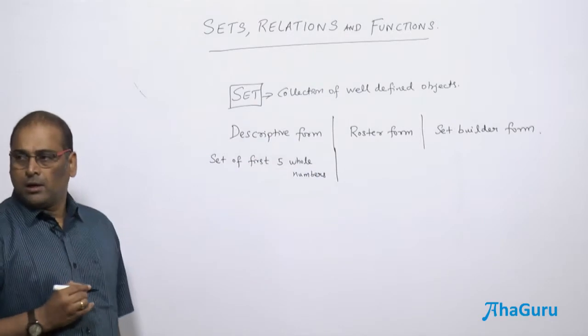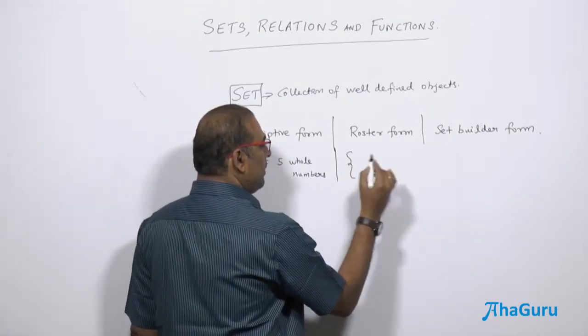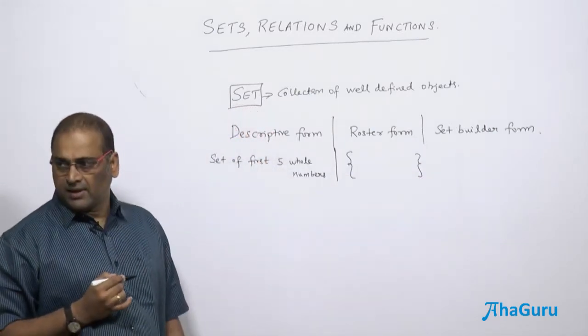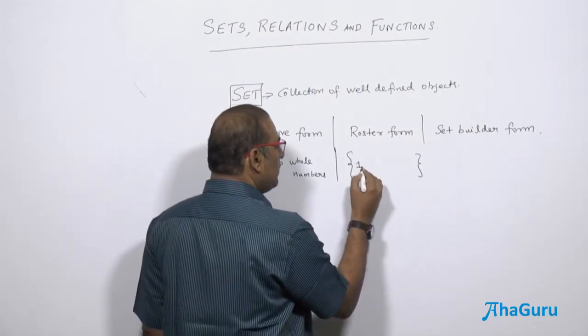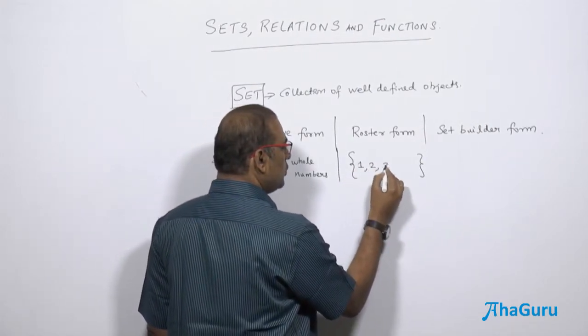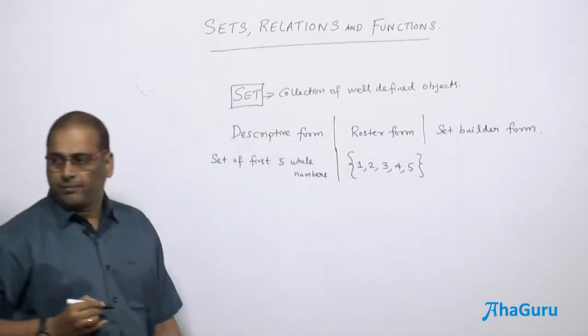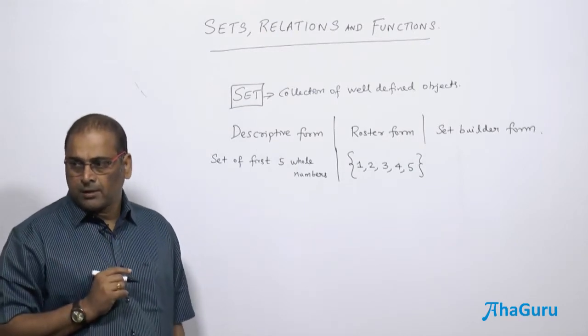In the roster form, you are going to use curly brackets. That's going to define the set. And then you are going to write the elements, that is the objects: 1, 2, 4, and 5. You are not going to repeat an element.